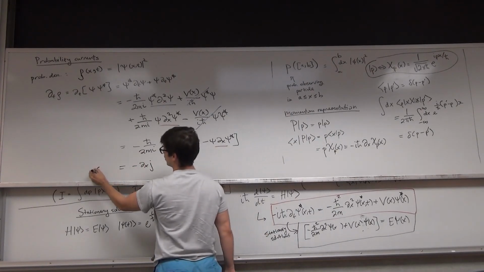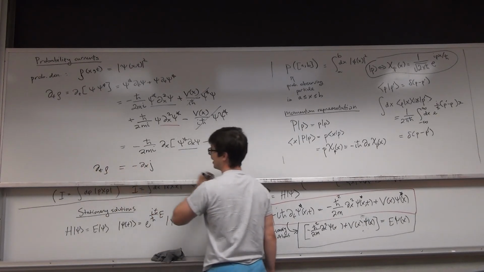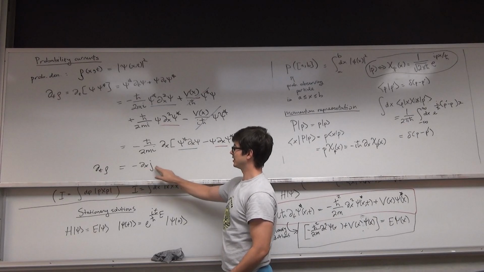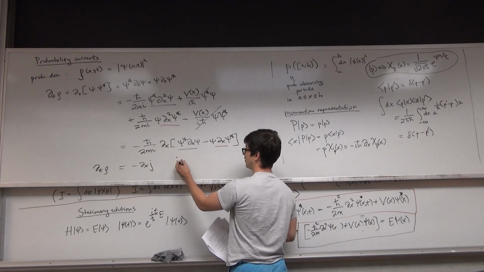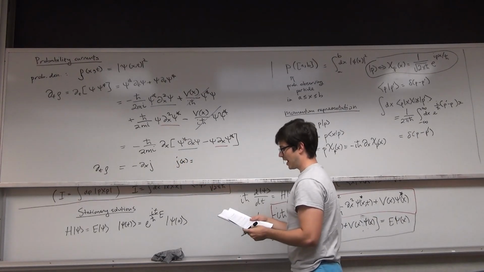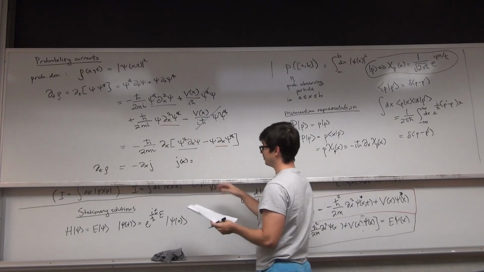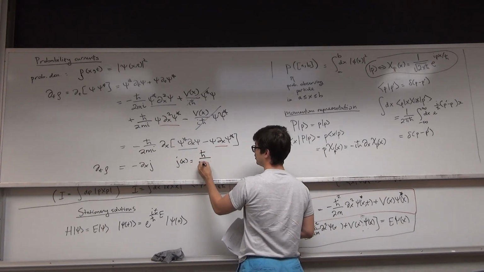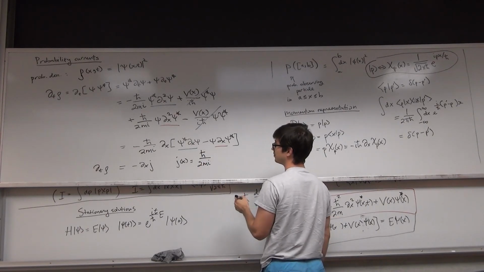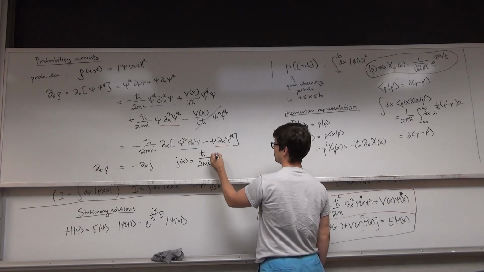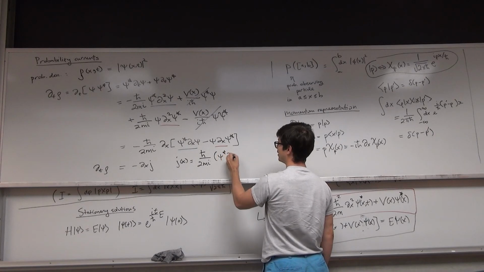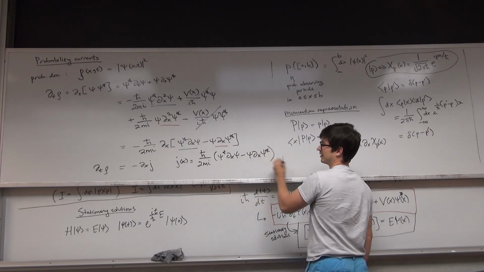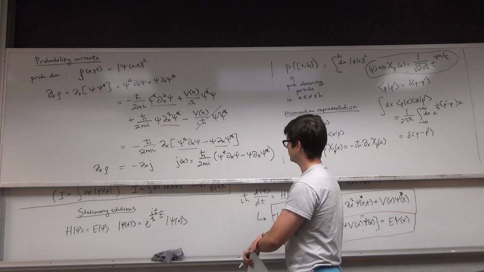So d_t rho is equal to minus a gradient with respect to x of a current, where the current is given by h bar over 2mi, psi star d_x psi minus psi d_x psi star. That's the current.